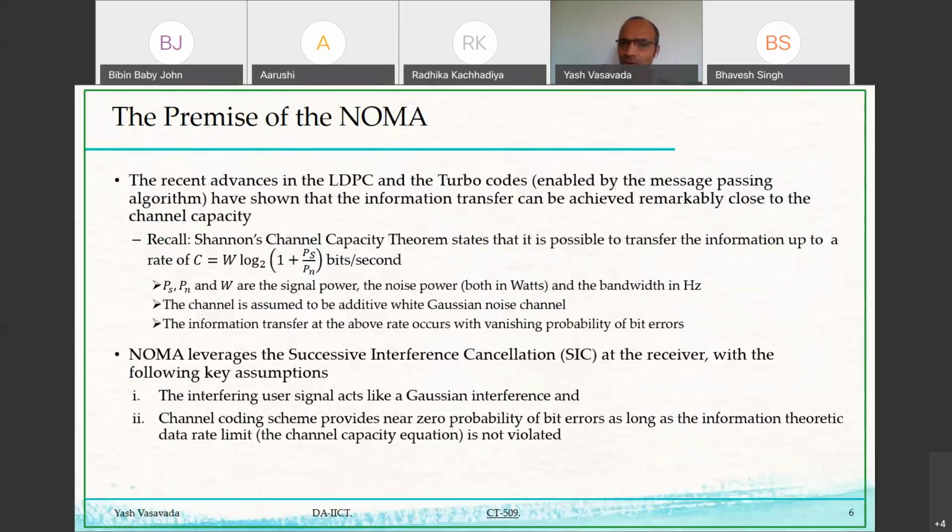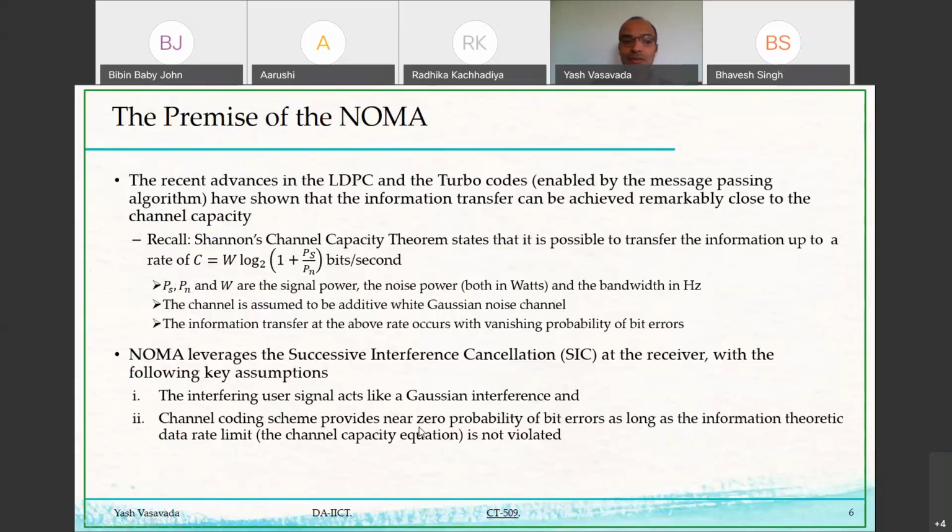And then there is one more subtlety that I would like you to fully understand. The NOMA analysis says that this channel coding will provide almost zero errors, meaning the probability of bit error will be near zero.